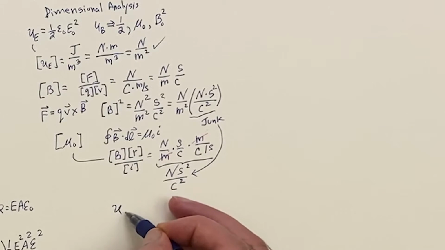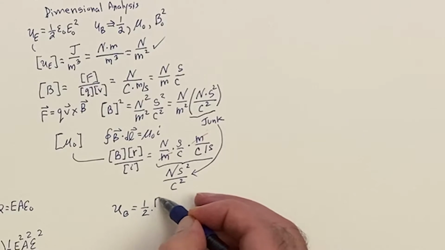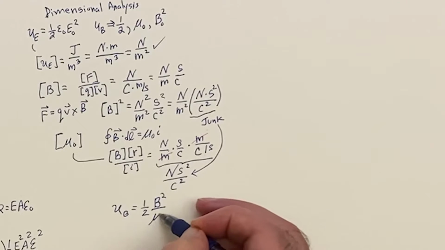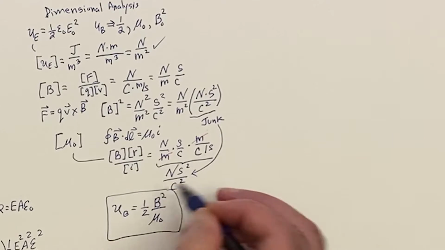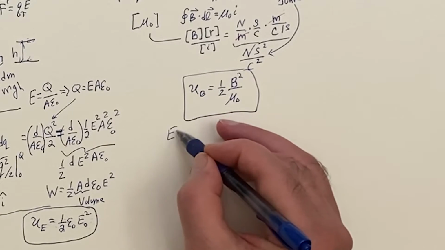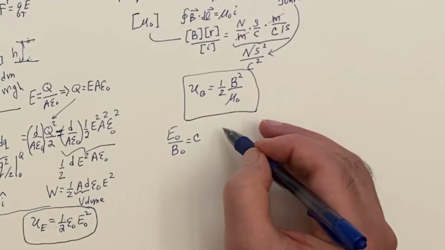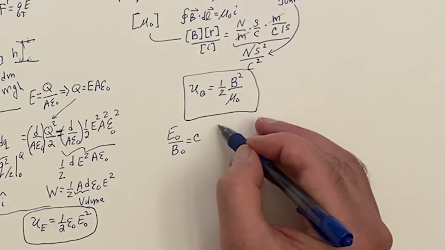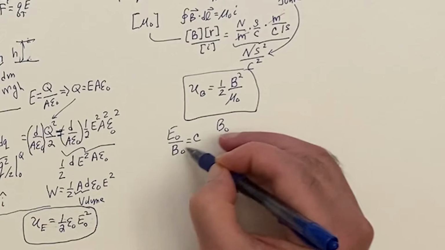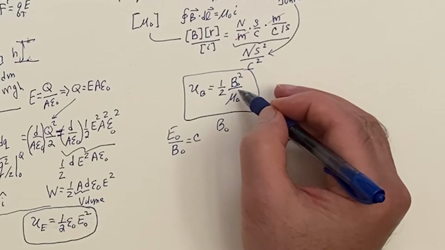So that means the magnetic field density here, you would take the B squared and you would divide by the mu naught. And that's what you get, see? We did it in dimensional analysis to show you where everything comes from. So then, if you use the connecting equation that E naught over B naught is equal to C, then you could write B naught, and we'll put a little naught there since that's the electric field and magnetic field terminology.